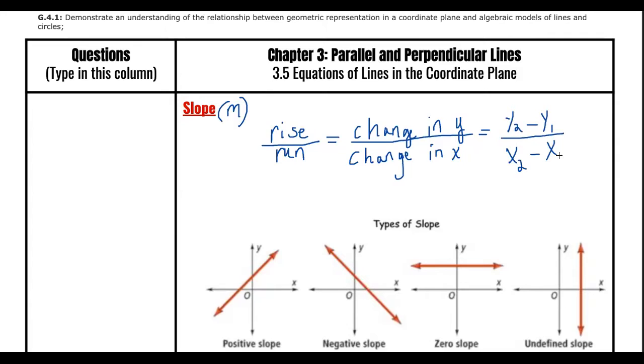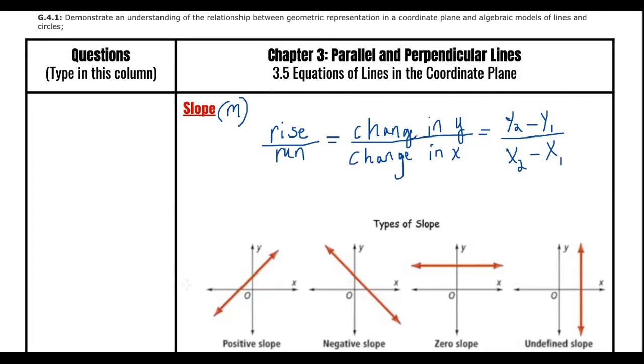And all three of these formulas mean the exact same thing, okay? Just written differently for different scenarios that you may encounter. So those are the formulas for slope. Once again, the variable or symbol for slope is going to be m.